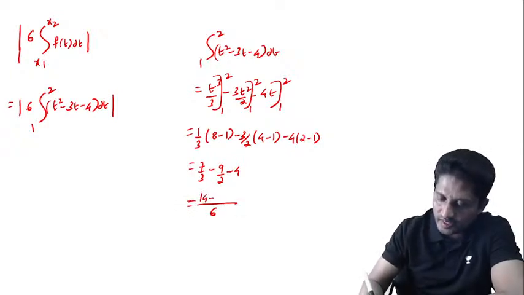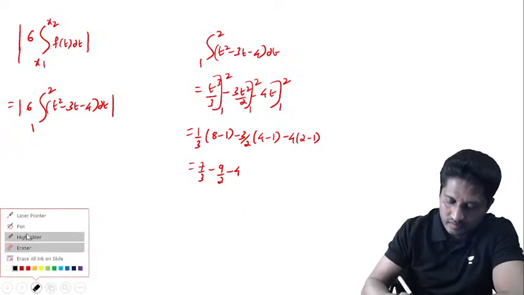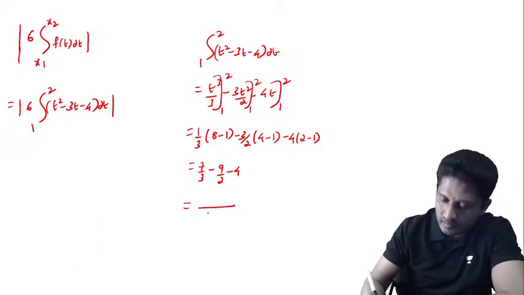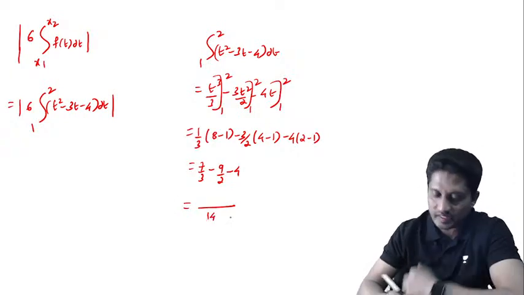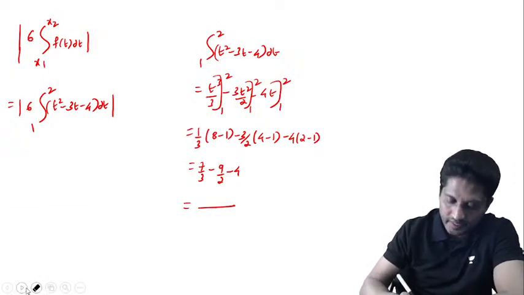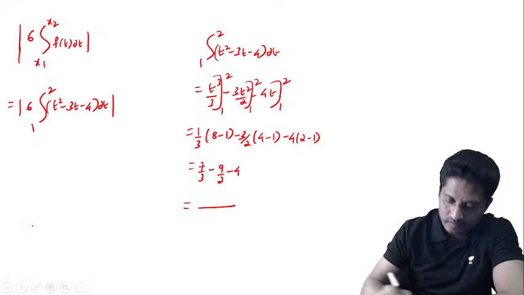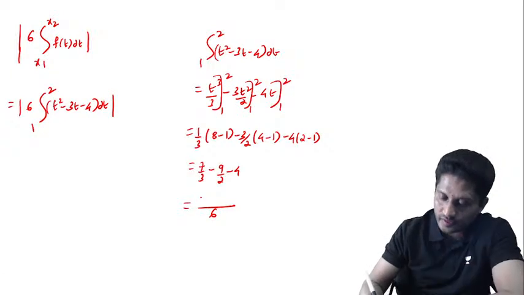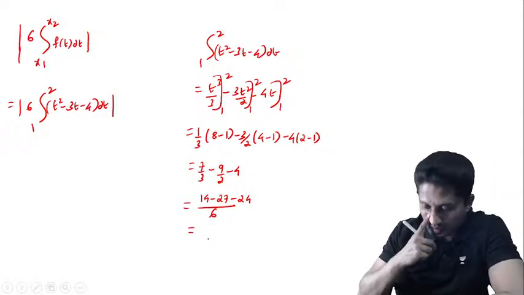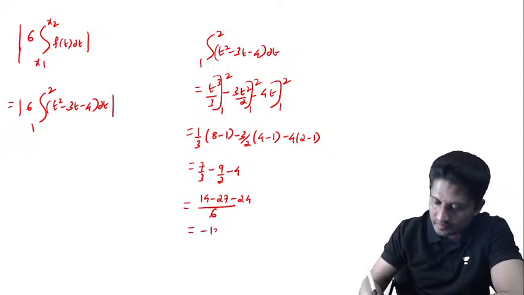So you get 14, minus 9 times 3 is 27, minus 6 times 4 is 24. So this is minus 13 minus 24 divided by 6. This is minus 37 by 6.